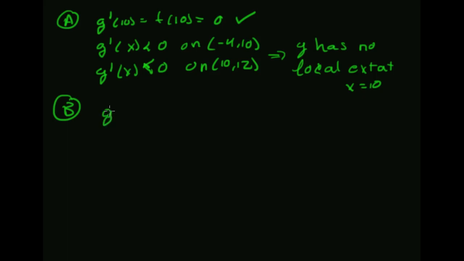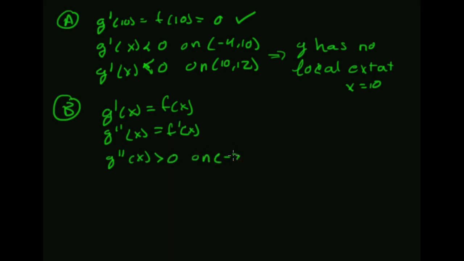All right, so g prime of x is the same as f of x, which means the second derivative of g has to be the derivative of f, which means that g double prime of x is greater than 0 on -2, 4. F is increasing on that interval.